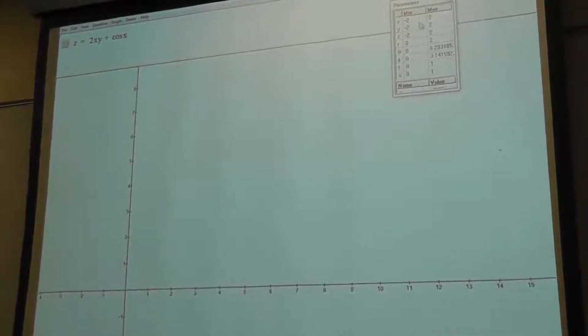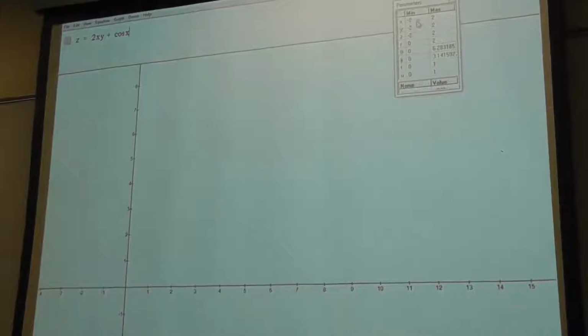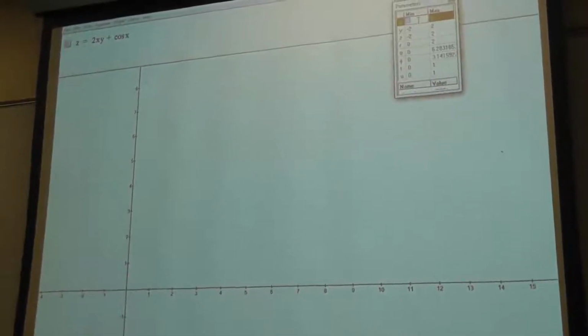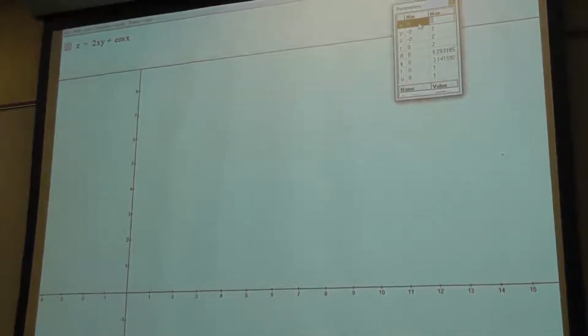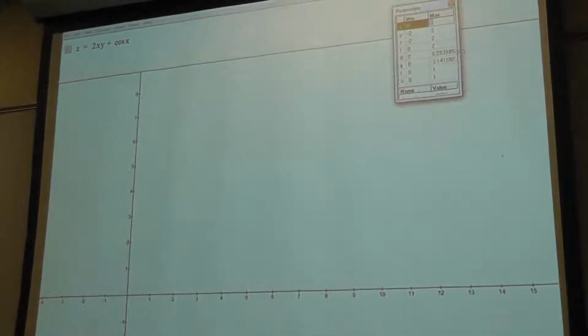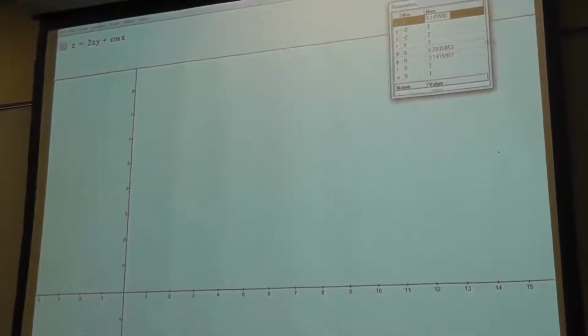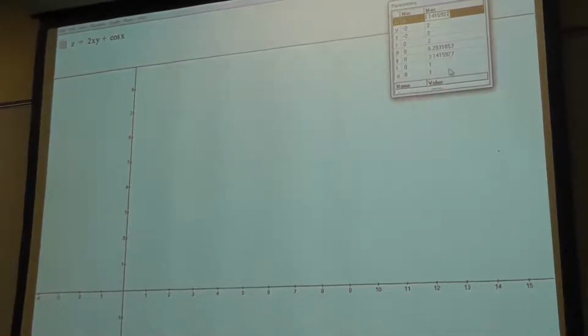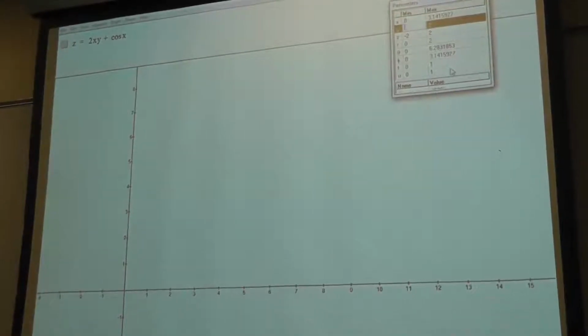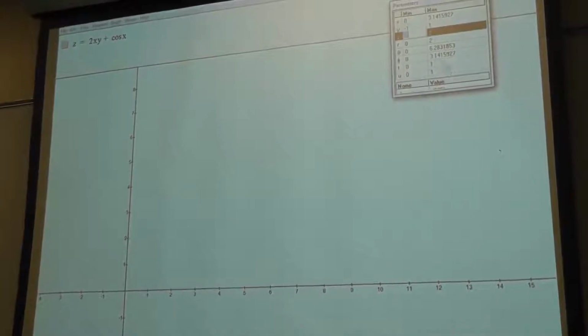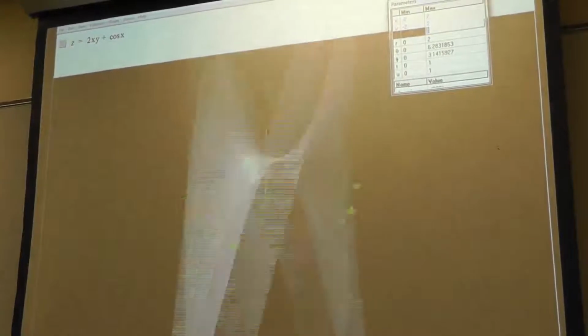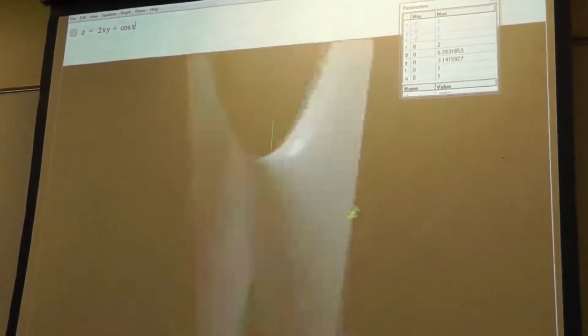These little parameters over here allow you to adjust it. I want my x values to go from 0 to pi, and there's an approximation of pi right there, 3.1415927-ish. And my y values, I want to go from -1 to 1. And my z values, let's see if those are okay. Let me make the resolution a little higher.